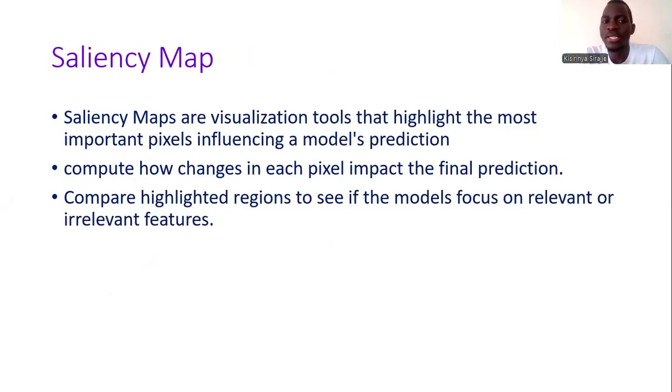To begin with the saliency map, this is a visualization tool that helps to highlight the most important pixels that are influencing the model's prediction. So here, this is going to help in focusing more on pixels, depending on the final prediction of the model, compared to the other surrounding areas within the image.